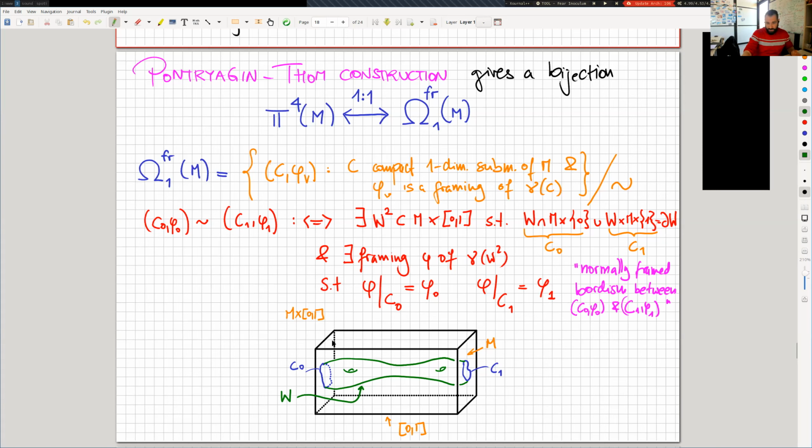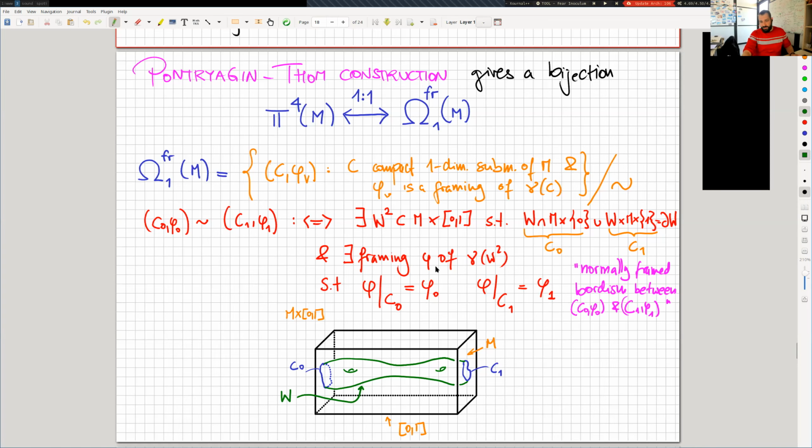So this is M, M is just one of the sides here, and this is M cross I, right? And this is W. So one boundary is C0, the other boundary is C1. This is one part of the definition of when they are equivalent.